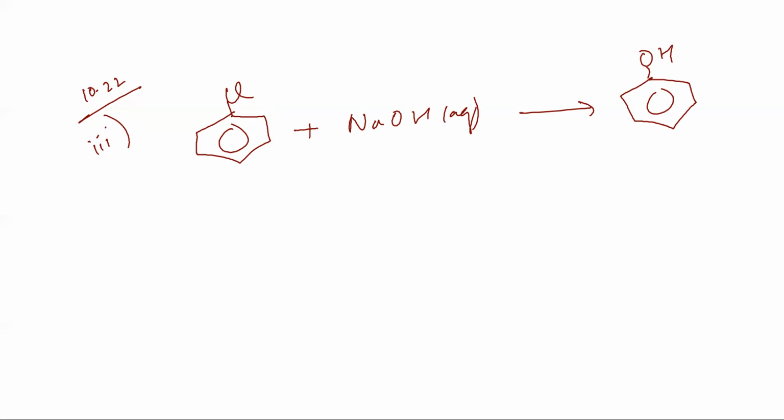Okay. After this, you have to write the acidic condition and all, whatever reagents you remember. Whichever reagent is extra, you can write it in the reaction, but don't forget to write the main reactant.